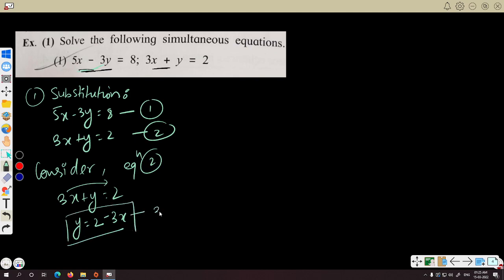I name this equation as 3. Correct. Now what I will do in the method of substitution, जो मैंने अभी एक variable का value find किया y, I will substitute the value of y in equation 1. I cannot again substitute this in equation 2 क्योंकि हमने y का ये जो value find किया है, this is from equation 2. तो जो भी आपका next equation है, जो first equation है, उसमें what you will do is you will put y is equal to 2 minus 3x.